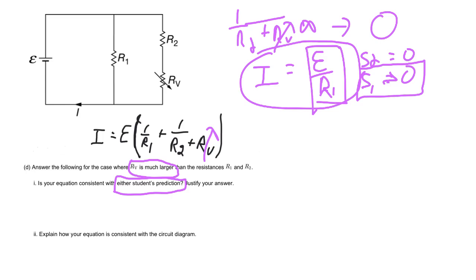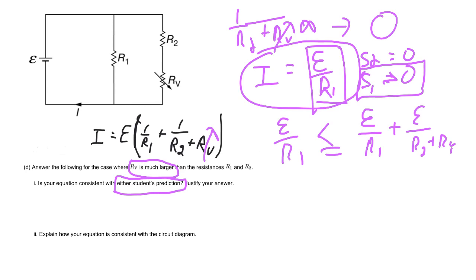You could also notice that E over R1 is less than what we had before, E over R1 plus E over R2 plus RV. So that's clearly less, because part of that student statement was saying that it decreases. It started larger and decreased to some smaller value, and we're confirming that as well.